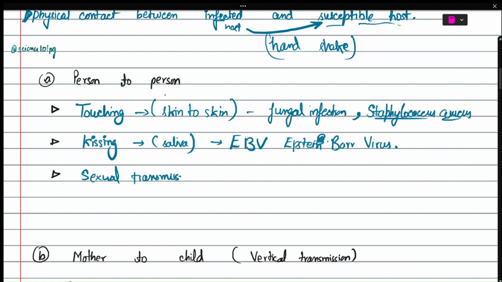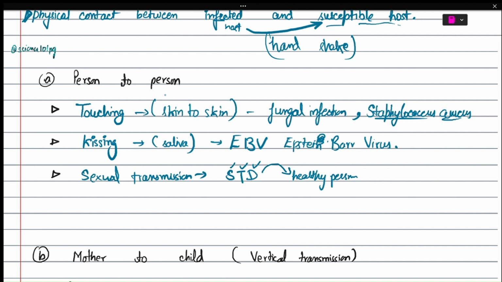This especially occurs if your host has STDs, sexually transmitted diseases, and these can go to a healthy person, such that these pathogens can spread from one person to another.